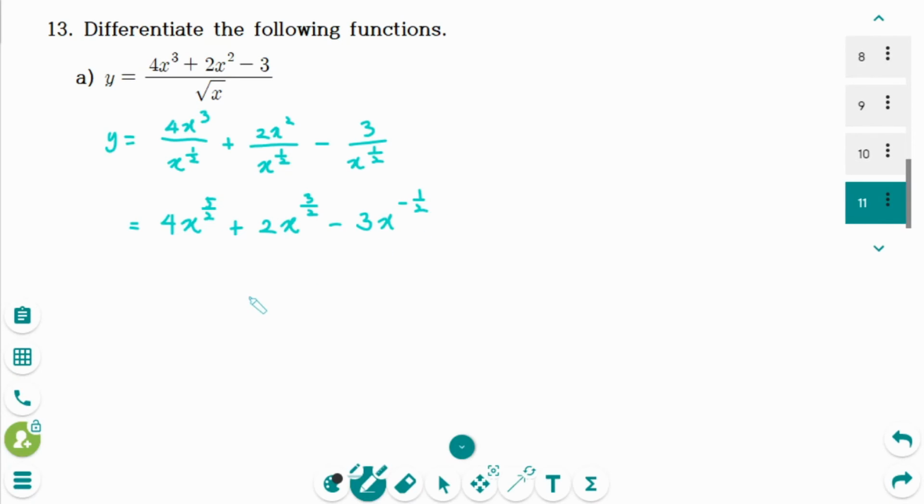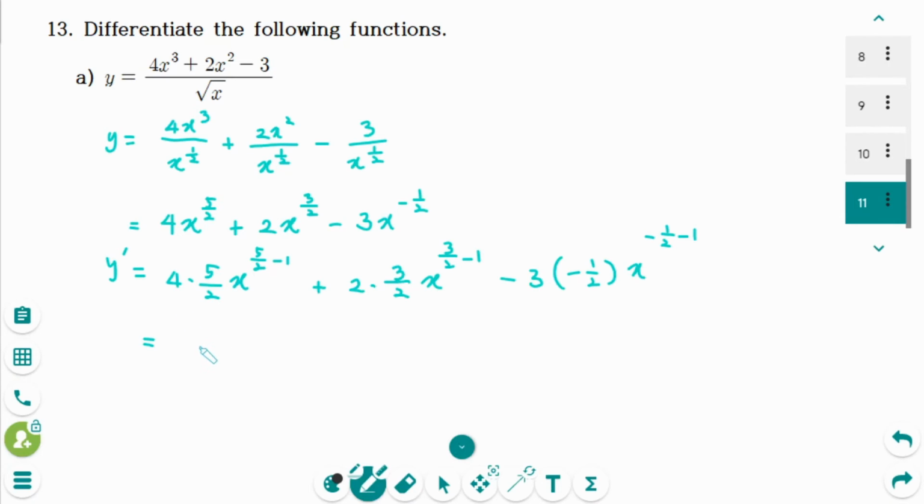Then y prime equals 4 times 5 over 2 x to the power of 5 over 2 minus 1, plus 2 times 3 over 2 x to the power of 3 over 2 minus 1, minus 3 times minus 1 over 2 x to the power of minus 1 over 2 minus 1.